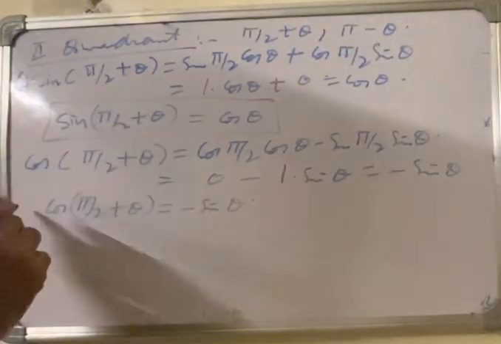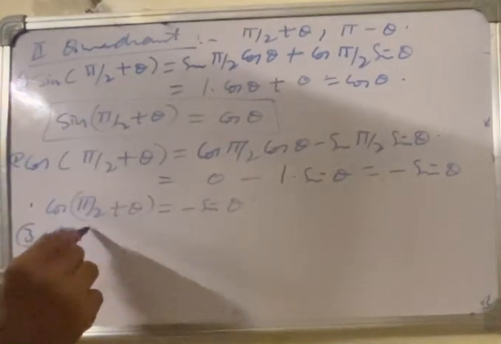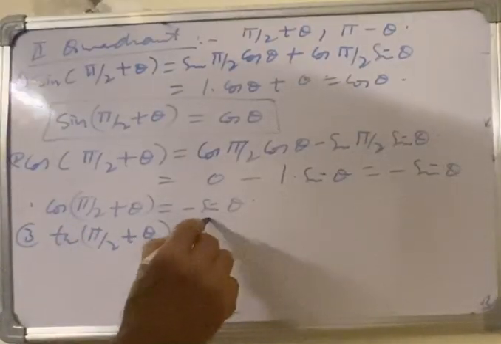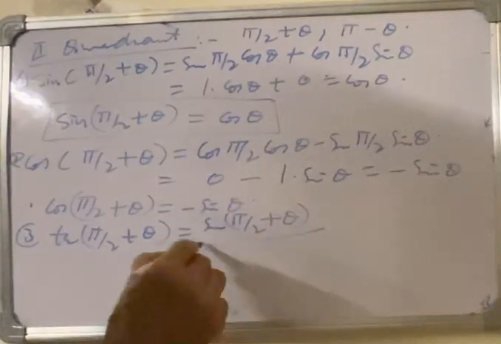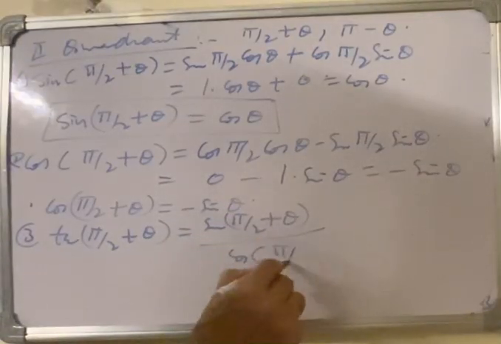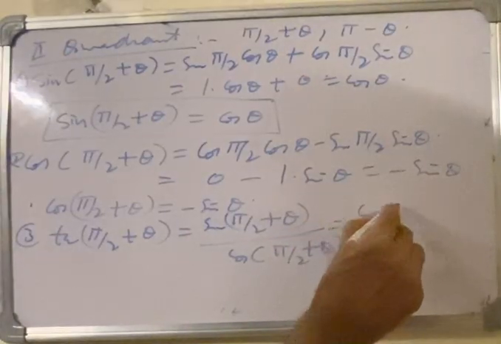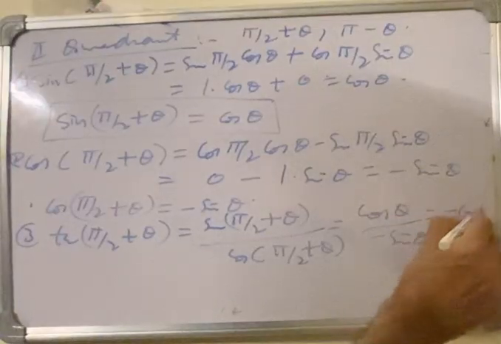Tan of pi by 2 plus theta is sine of pi by 2 plus theta over cos of pi by 2 plus theta. So this is cos theta over minus sine theta, which is minus cot theta.